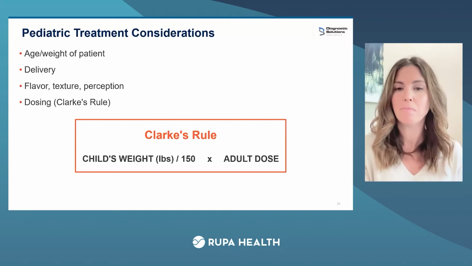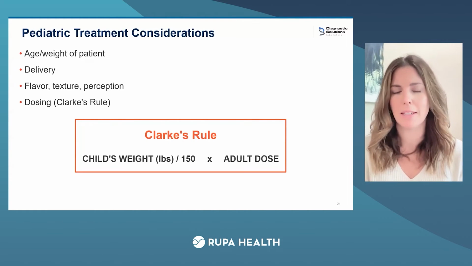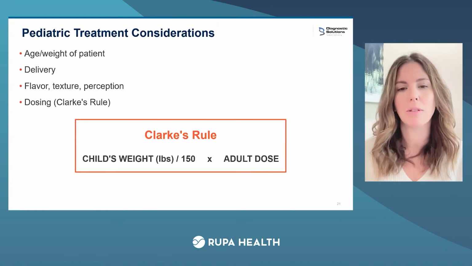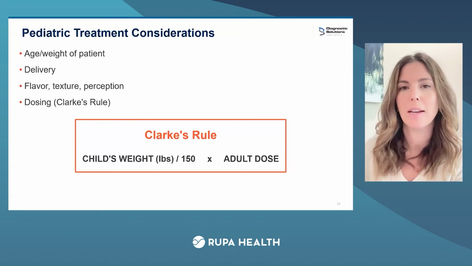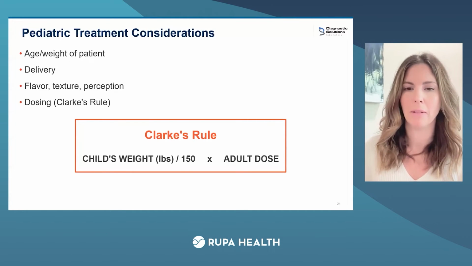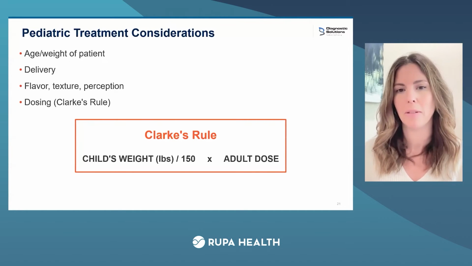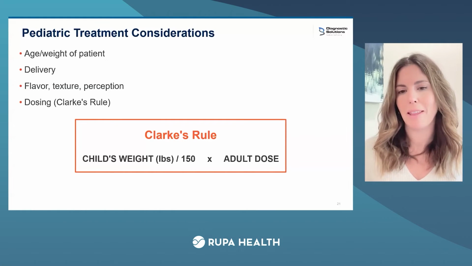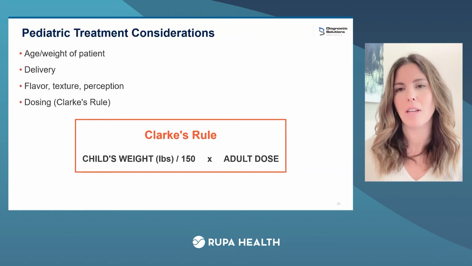And then for dosing, it's a pretty crude system of dosing, but I use Clark's rule, which uses a 150-pound adult as a pharmacologic adult. So you take the child's weight, say they're 30 pounds, divide it by 150 pounds, you've got 1/5. You multiply that by the adult dose, and that child would get roughly 1/5 of an adult dose.